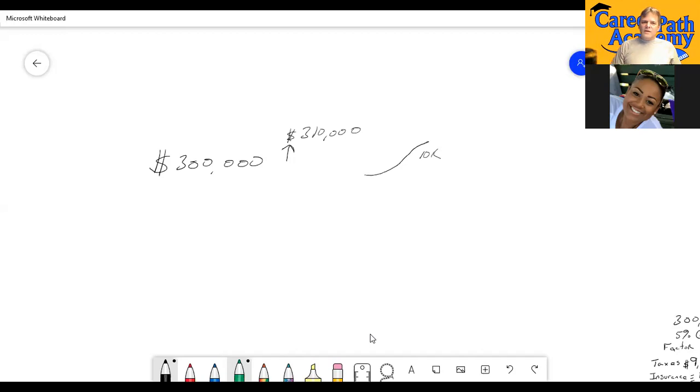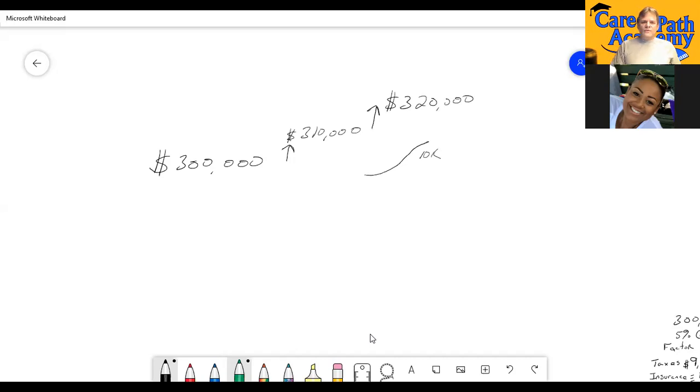Okay. Now you could also gain equity by doing improvements. So say that the market value just went up, but let's just say you did some improvements on the house and you raised the value on it by another 10,000. All right. So now it's $320,000.